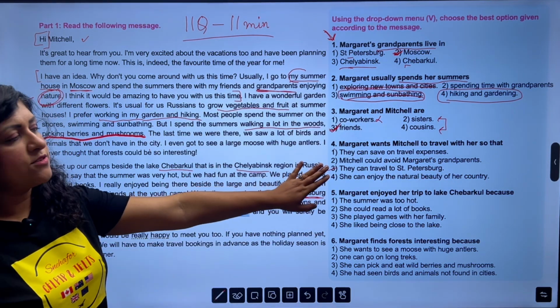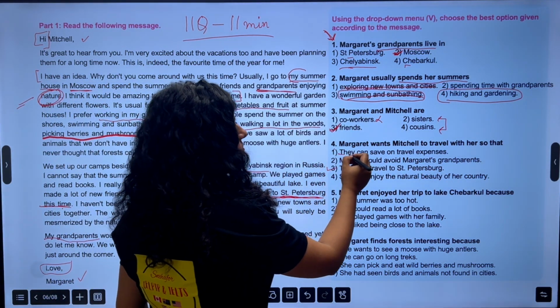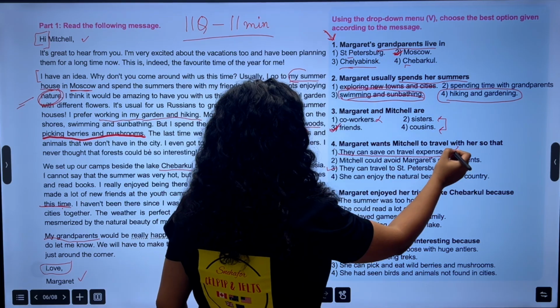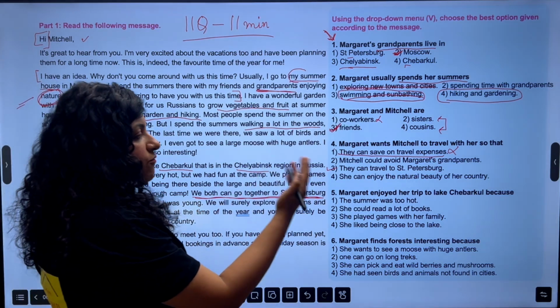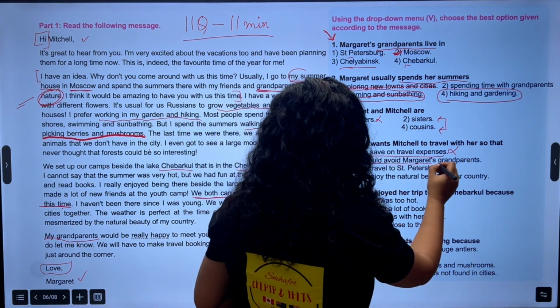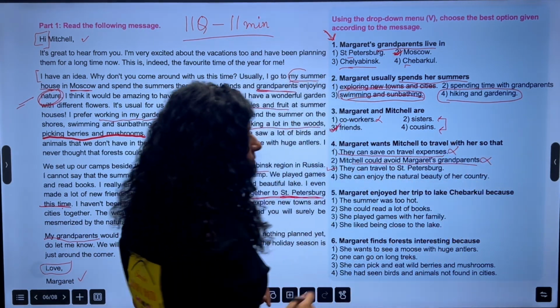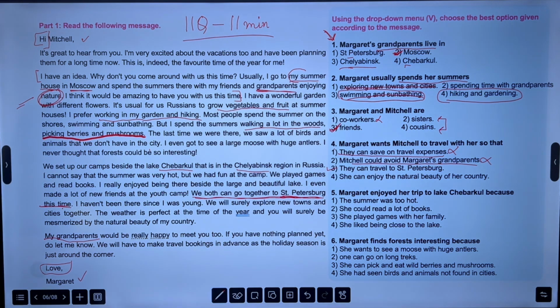Now, this text does not say that they can save on travel expenses. That is why Margaret wants Michelle to travel with her. Option number 2, Michelle could avoid Margaret's grandparents. It's completely off the topic. Not at all stated anywhere in the text. 4th says, she can enjoy the natural beauty of her country.